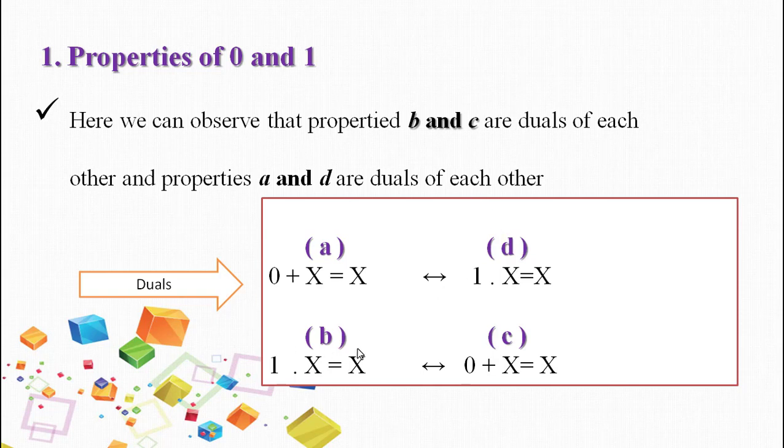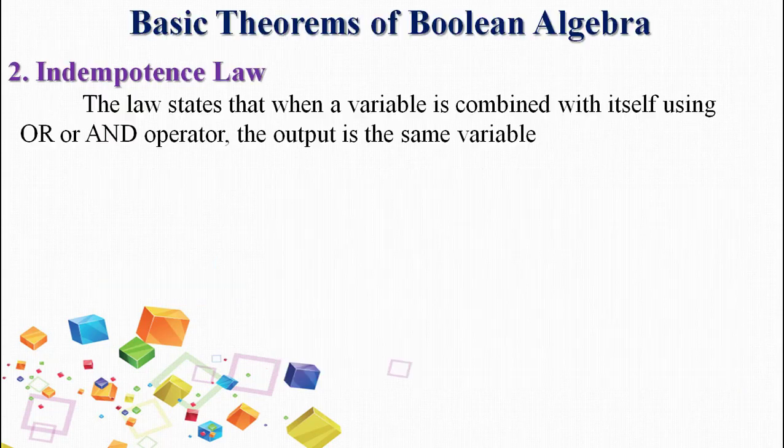So these are the 4 properties of zeros and ones. You should remember there are 2 properties with addition, 2 properties with multiplication. There are 2 properties of zeros, 1 with addition, 1 with multiplication, and 2 properties of ones, 1 with multiplication and 1 with addition.